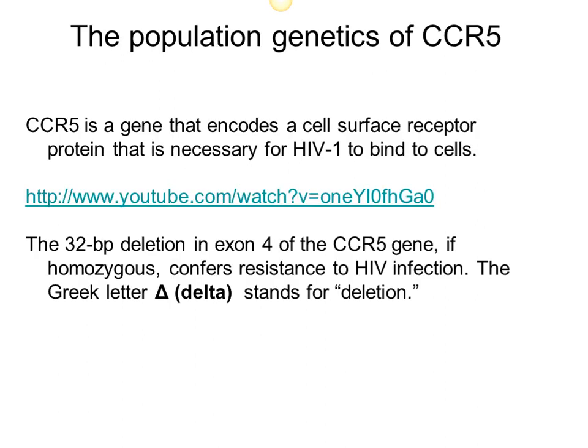So as an example, we're going to bring back a concept that we looked at previously, and that's CCR5. CCR5 is a gene that encodes a cell surface receptor protein. It's chemokine co-receptor 5 that is necessary for the HIV-1 virus to bind and to enter cells and cause infection.